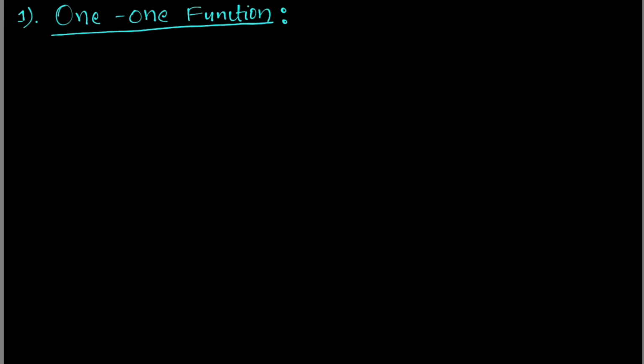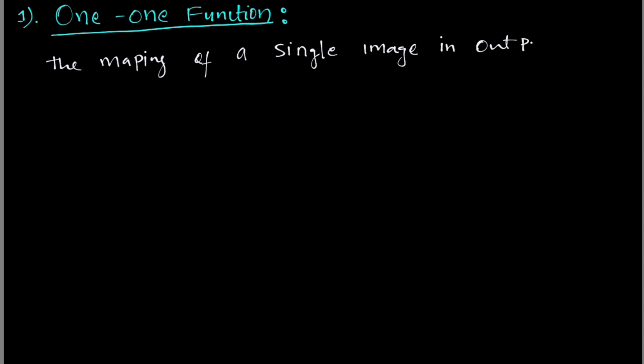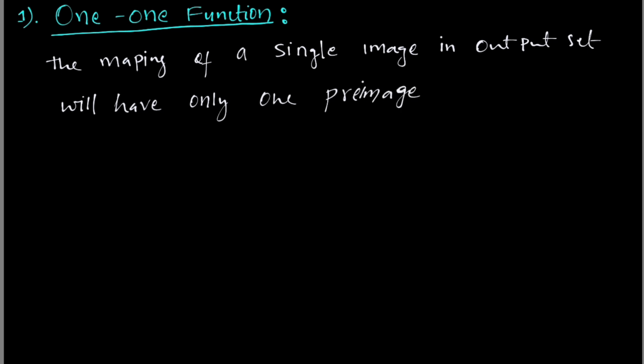Here the definition of one-one function comes out to be the mapping of a single image in the output set that will have only one pre-image in the input set.